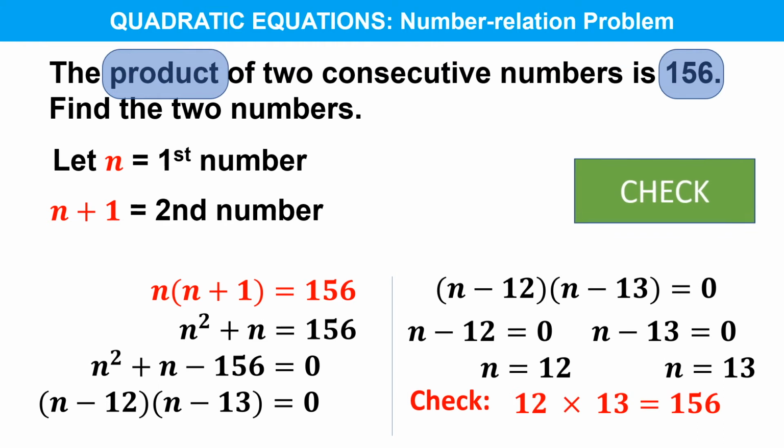The product of 12 and 13 is 156. All these conditions were met. Therefore, our answers 12 and 13 are correct.